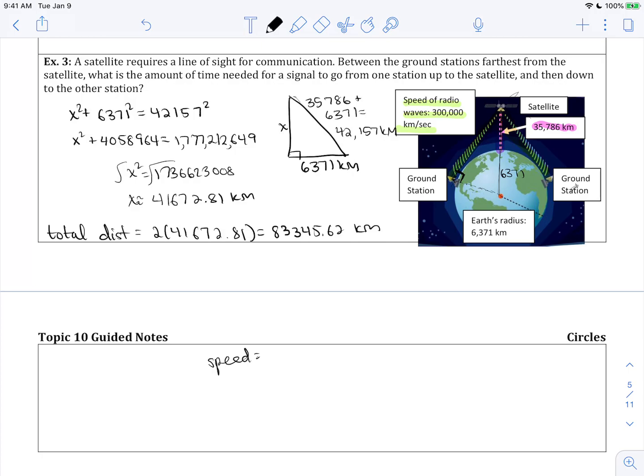I'm going to do 83,345.62 kilometers, and I'm going to multiply that by 1 over 300,000, or just divide it by 300,000 kilometers a second, right? Which cancels out the kilometers part of this. So we have just 0.278 seconds.